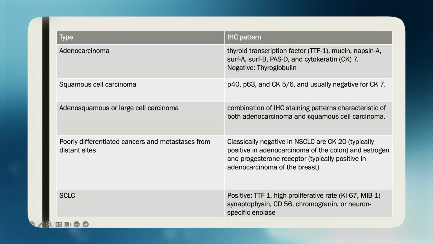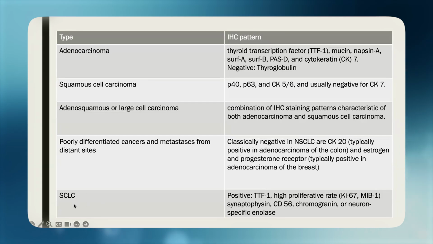So a combination of patterns can be present in adeno and squamous cell carcinoma. Poorly differentiated or metastatic from elsewhere, again you have to differentiate from the other cancers which metastasize to lung, like adenocarcinoma from the breast.